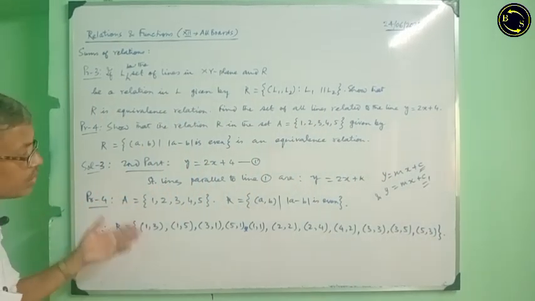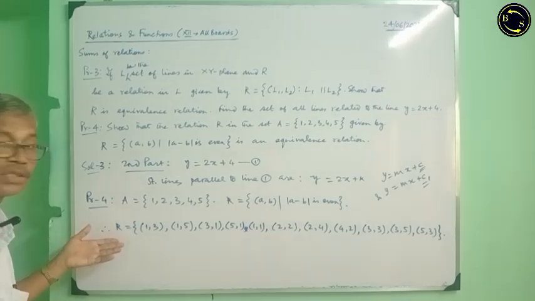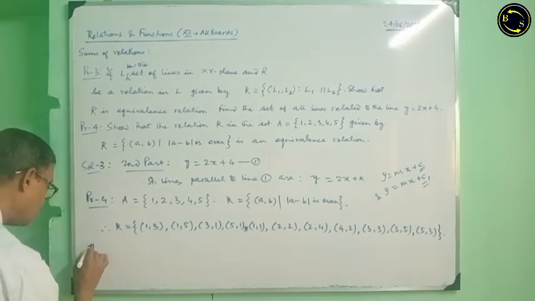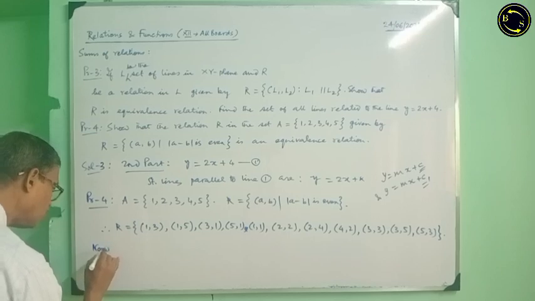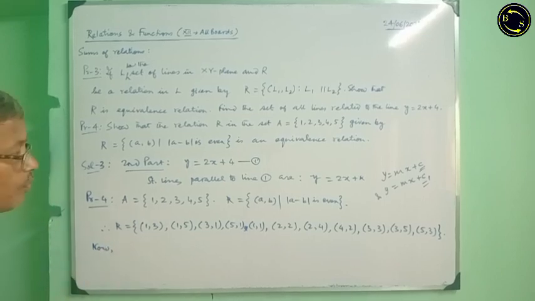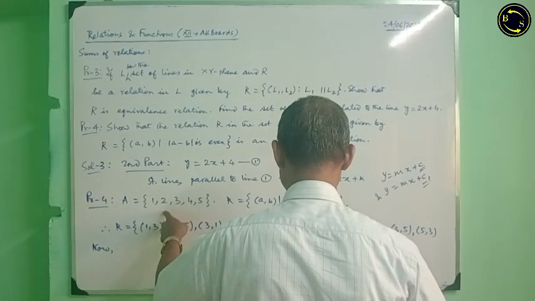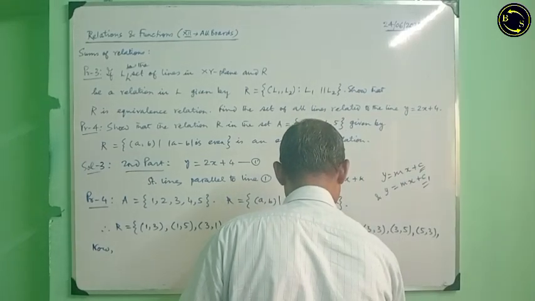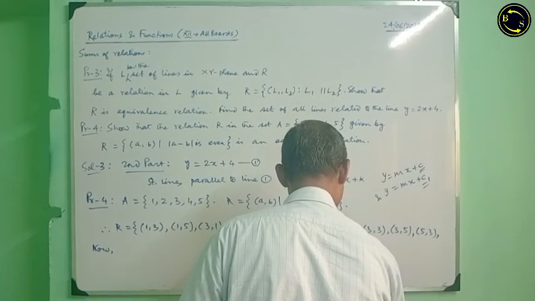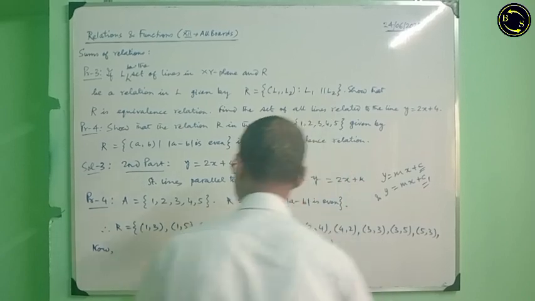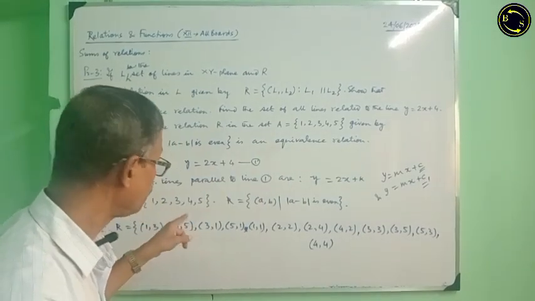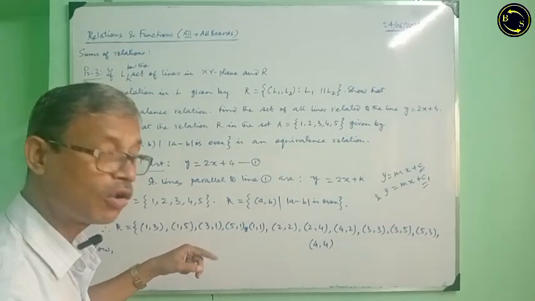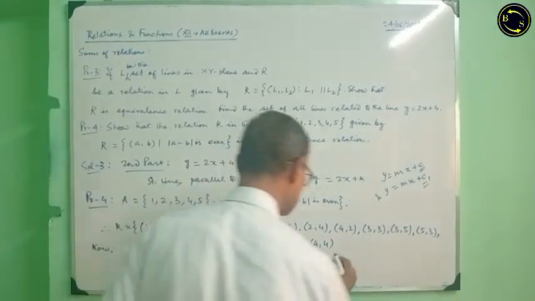Now we have to check whether this relation is an equivalence relation. Now (2, 2), (3, 3), (4, 4). The difference of 4 and 4 is 0, which is divisible by 2, or which is even.